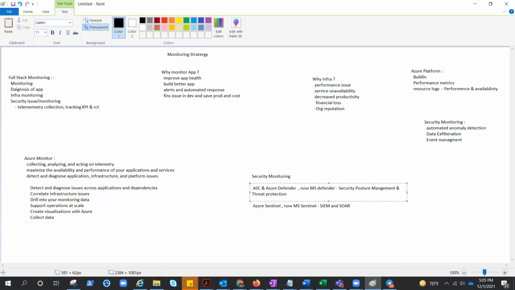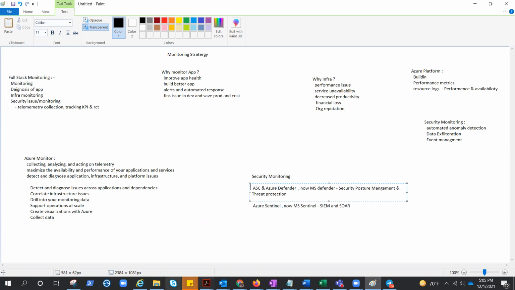So Defender for Cloud is a tool for security posture management and threat protection. It strengthens the security posture of your cloud resources.